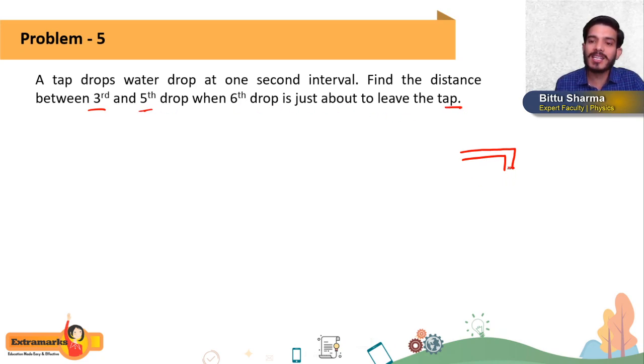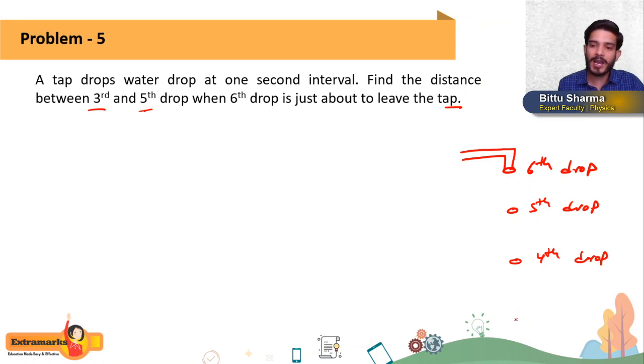So let us say this is the sixth drop. Here we have the fifth drop, here we will have the fourth drop, and here somewhere it will be the third drop.